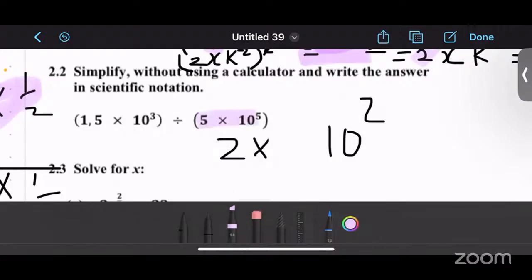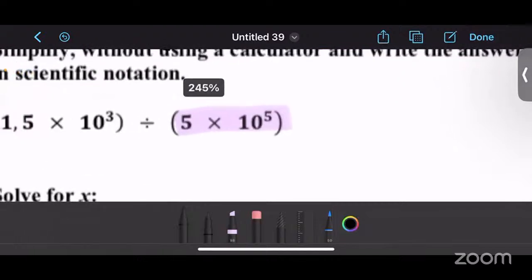This part over here. So look, I already said that 1.5 divided by 5 is equal to 2. Wait, let me wipe this off and rewrite what you said. Oh, sorry, let me check.